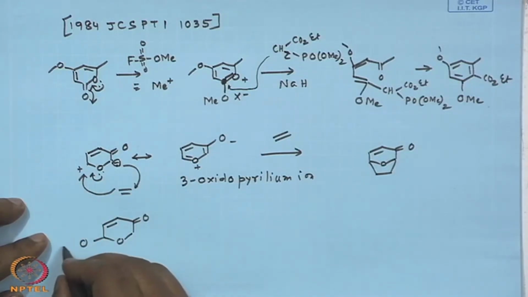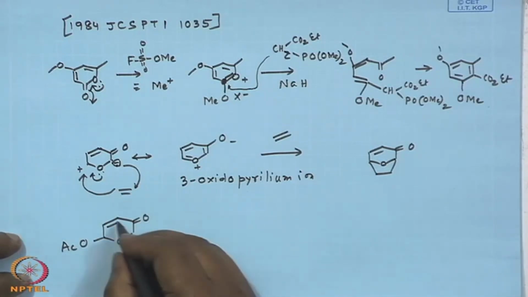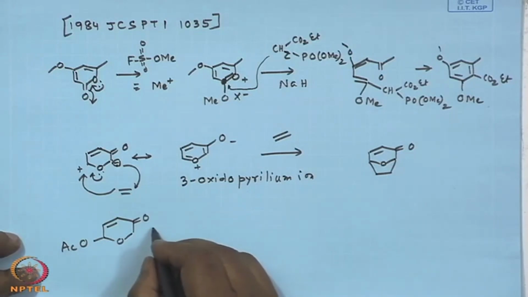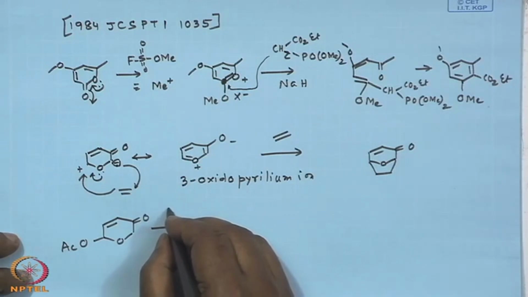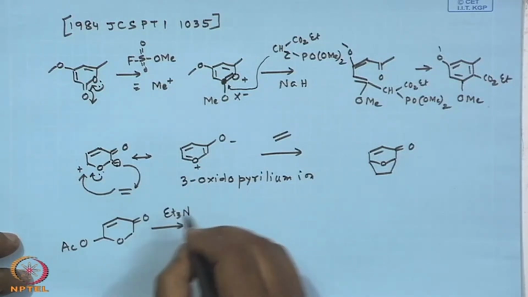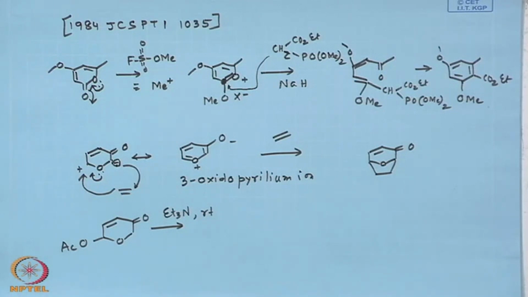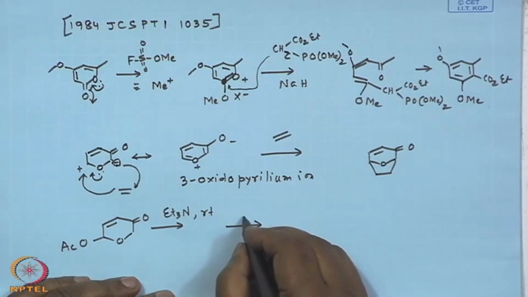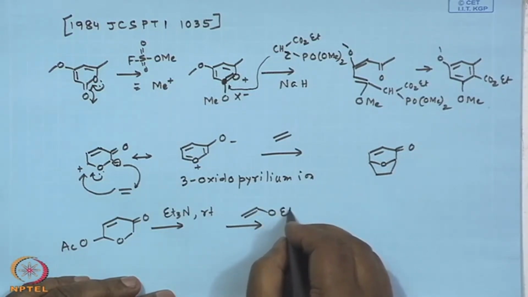In this case, it is the 6-acetoxypyrone, and we treat this with triethylamine at room temperature, then you treat with ethyl vinyl ether.